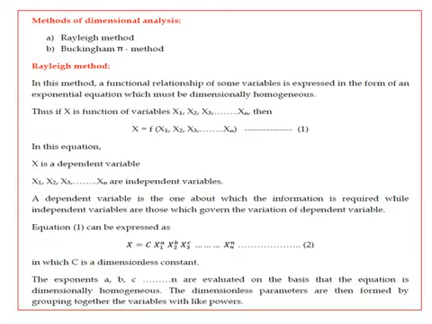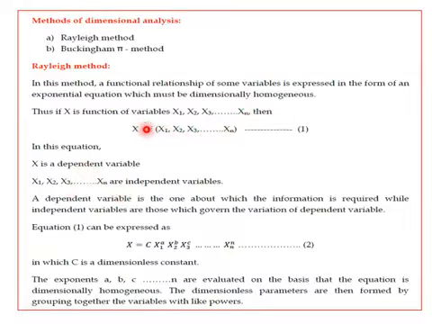So the first method of dimensional analysis is Rayleigh's method. In this method, a functional relationship of some variables is expressed in the form of an exponential equation, which must be dimensionally homogeneous. For example, if x is a function of some variables x1, x2, x3 to xn, then x can be written as a function of x1, x2, x3 to xn.